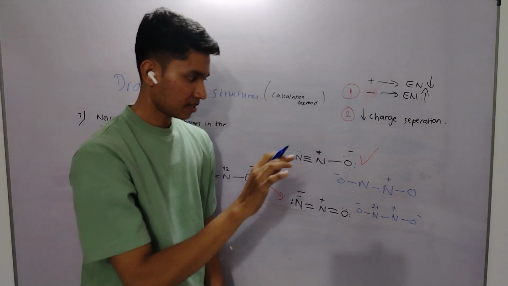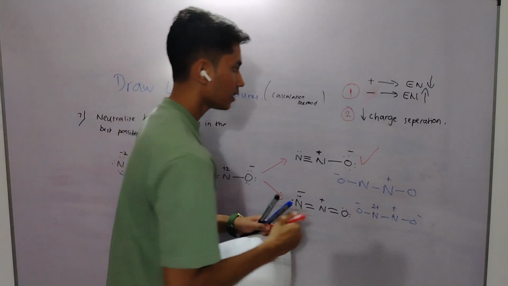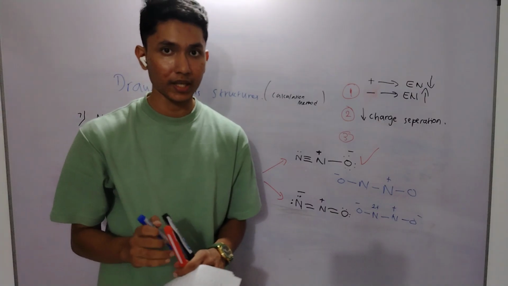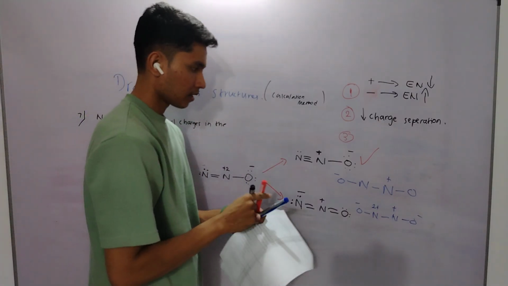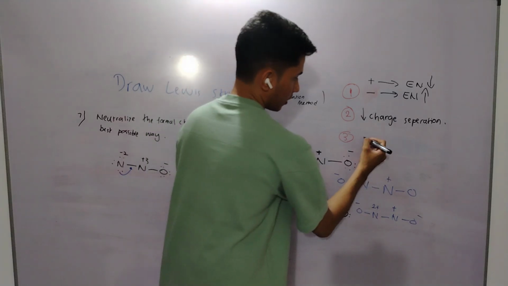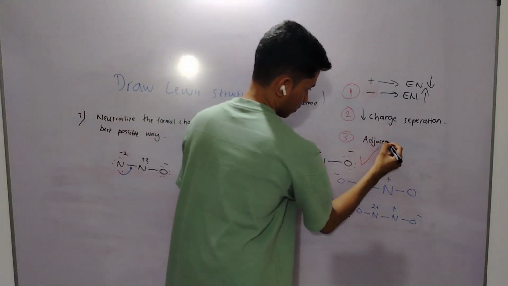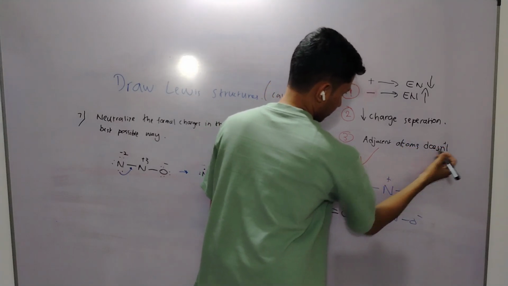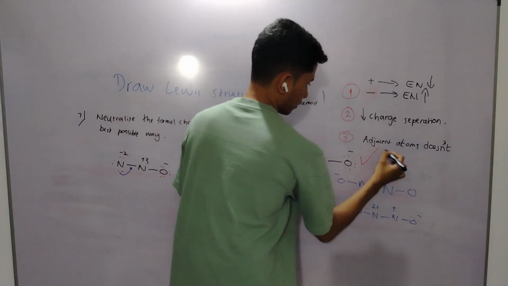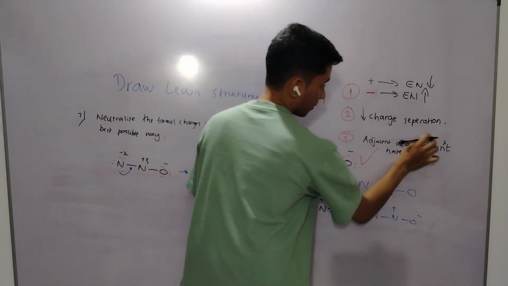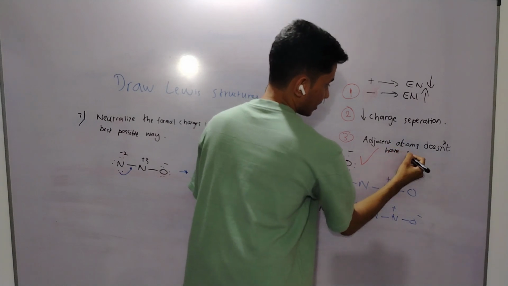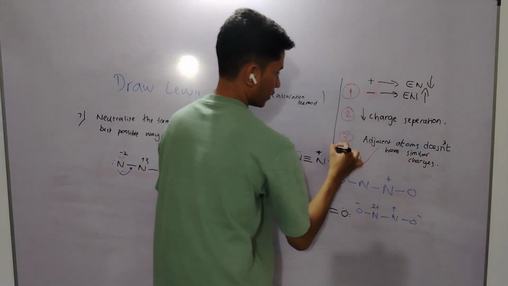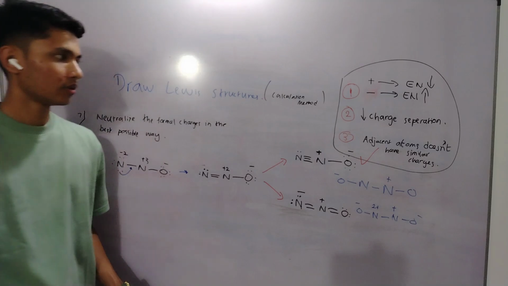And a third point: a more suitable structure is one where adjacent atoms don't have the same charge.